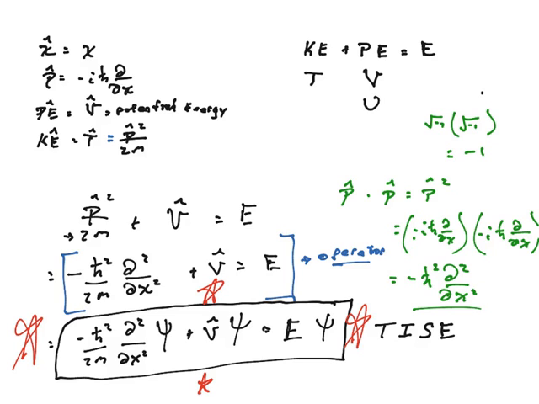Now, what we're going to do is we're going to use this for certain particular systems and try to get answers. You know, we're going to pretend like we have a particular experiment. We have an electron trapped in a particular box.